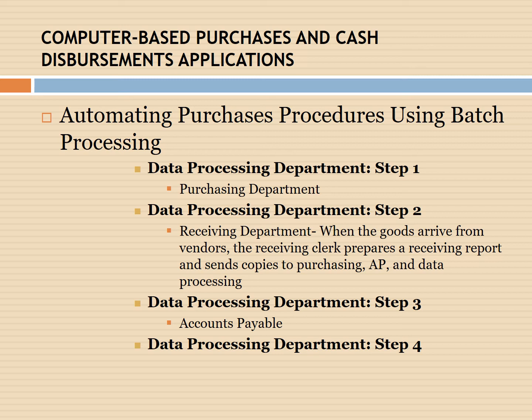Computer-based purchases and cash disbursements applications. In automating purchases procedures using batch processing, step 1 is when inventories are reduced by sales to customers or usage in production. The system determines if the affected items in the inventory subsidiary file have fallen to their reorder points.